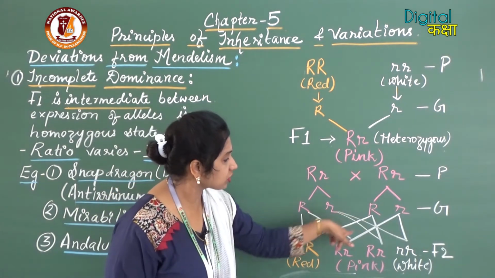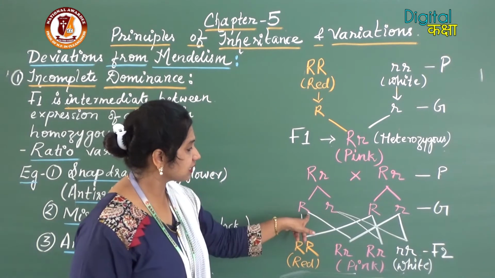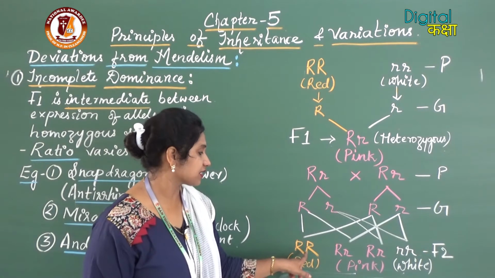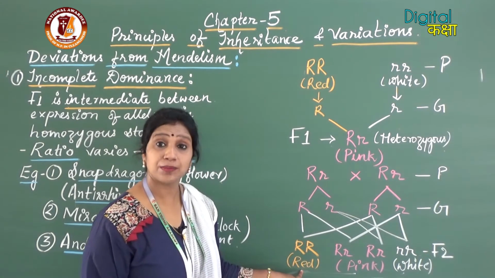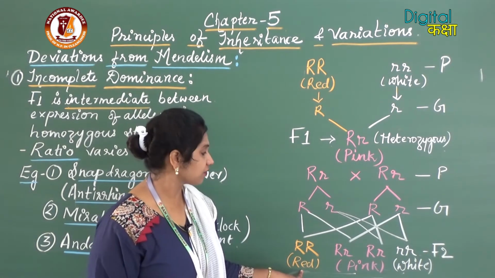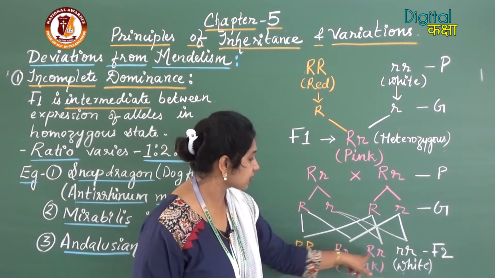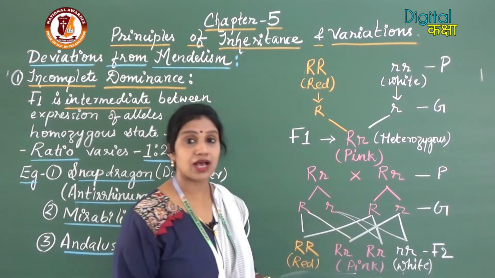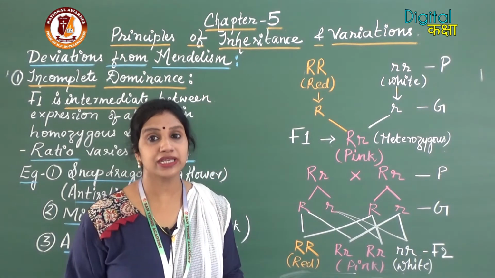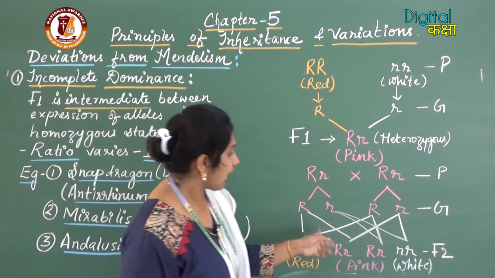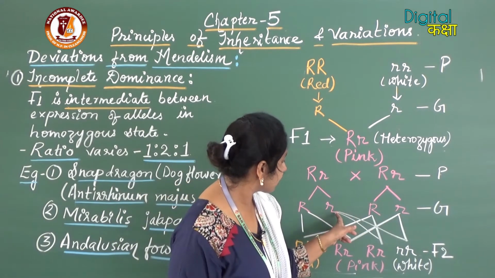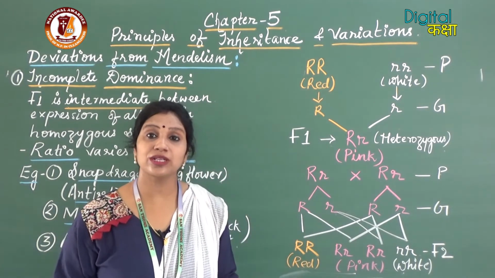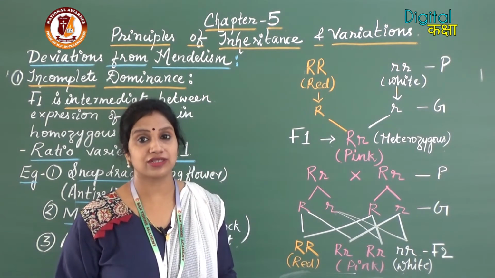When the crossing is done, one combination is capital R capital R, so the plant will bear red flowers. The next two combinations, capital R small r, will bear pink flowers. And the last one, small r small r, will bear white flowers.